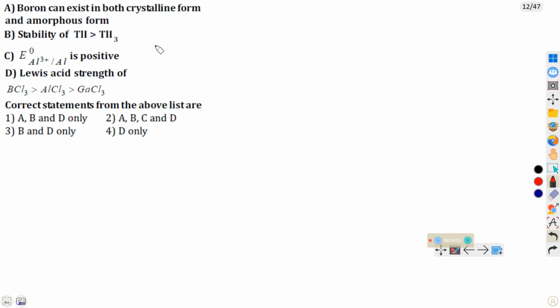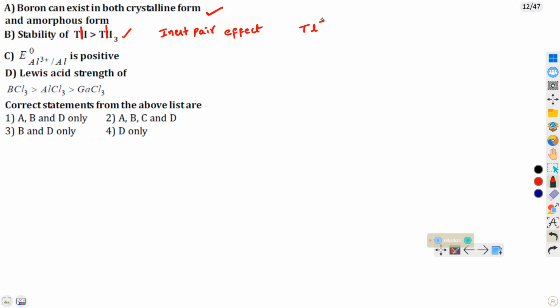Identify the correct statements. Boron can exist in both crystalline form and amorphous form. This statement is correct. Stability of TlI, thallium iodide, is greater than thallium 3 iodide. Correct, this is due to the inert pair effect.